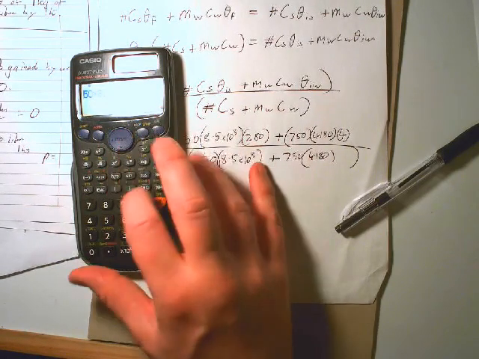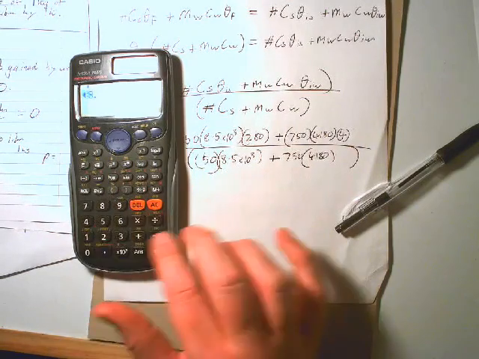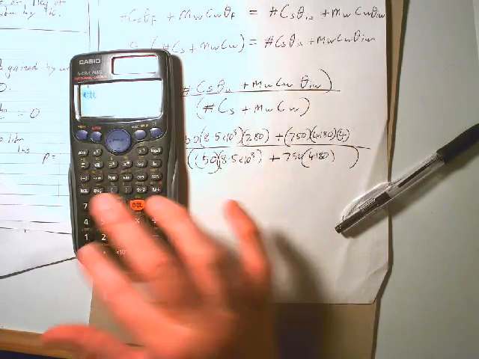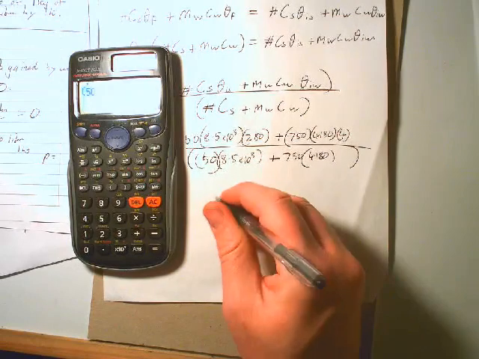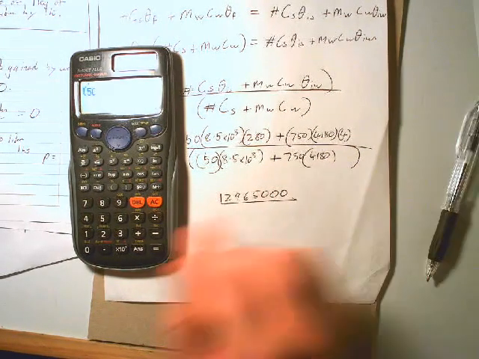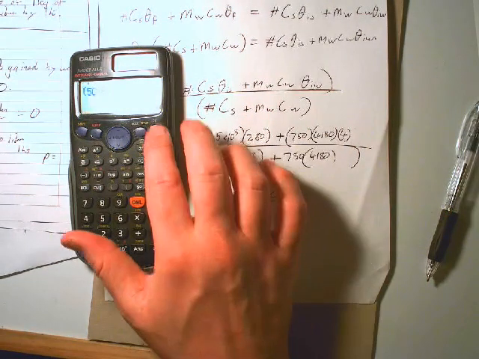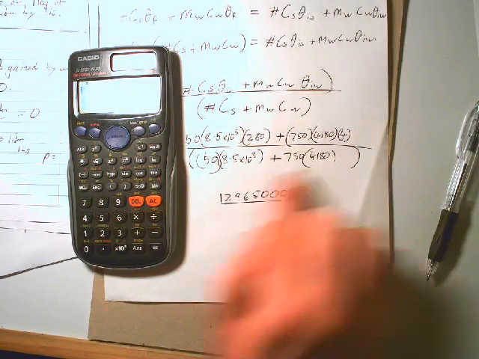So 50 times 8.5 times 10 to the power of 3. That's the first expression. Let's get some brackets around that. Plus 750 times 4180 times 4. Brackets around that. So the top part of this line is 1296500. We'll worry about units after.